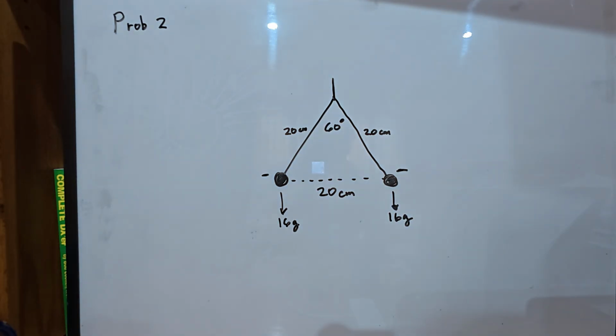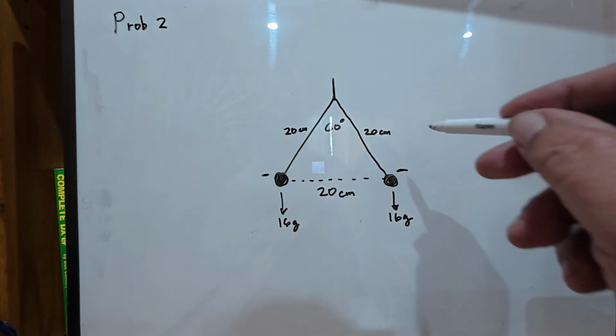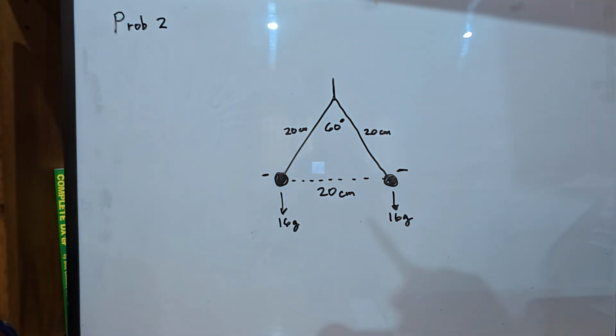So that's given in the problem. The string length is 20 centimeters, and the included angle from the repulsion force is 60 degrees between the two strings. And so the question asks, how much charge is deposited on the steel balls?